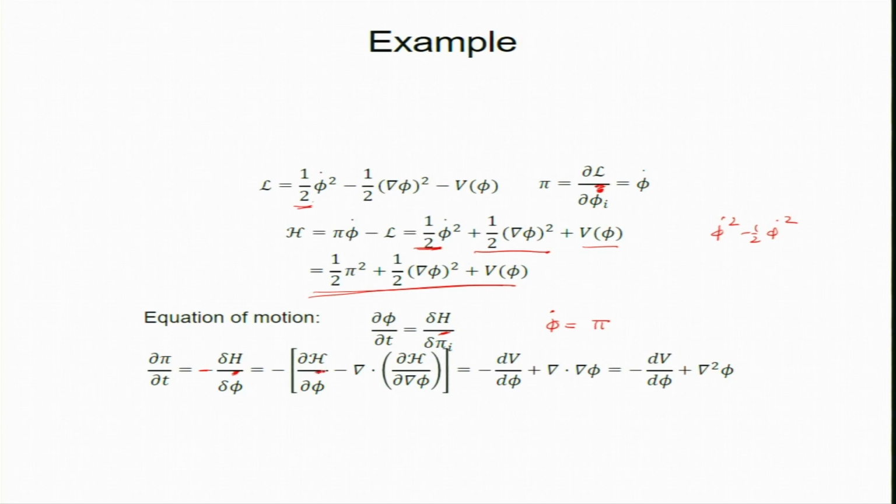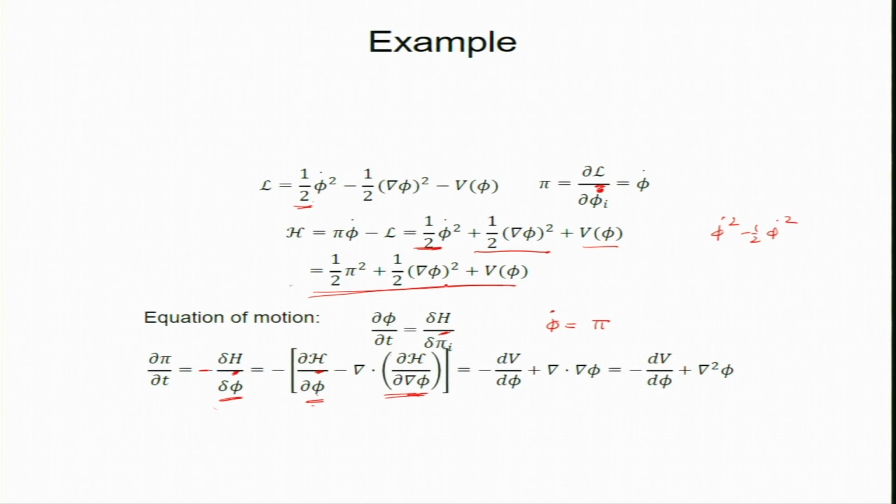This is a functional derivative. I apply the logic of the functional derivative: H is a function of phi as well as grad phi, so both terms will come. I get partial H partial phi minus the divergence of partial H partial grad phi.